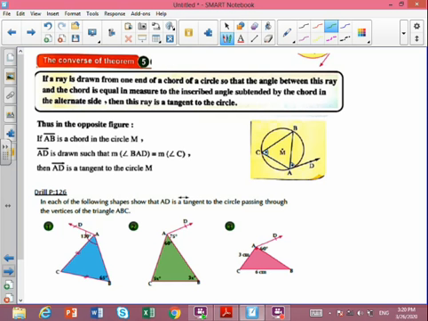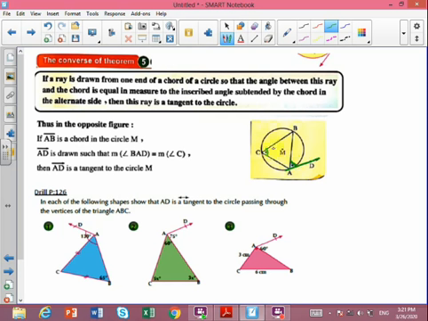If you have a ray drawn from one end of a chord of a circle, so that the angle between the ray and the chord equals the measure of the inscribed angle subtended by the chord on the alternate side, then this ray is a tangent.